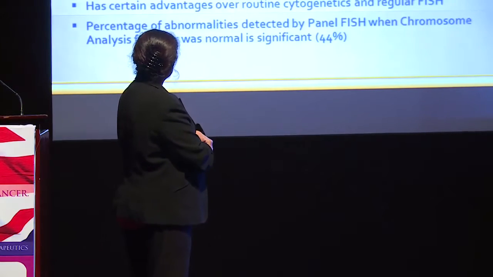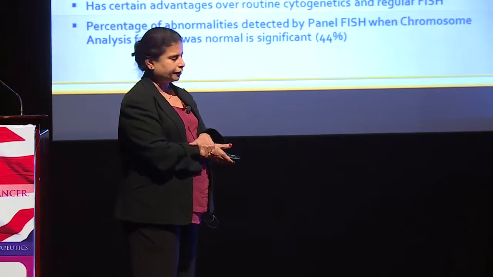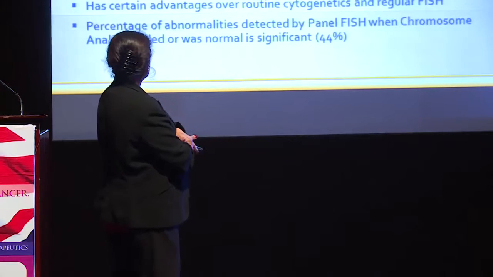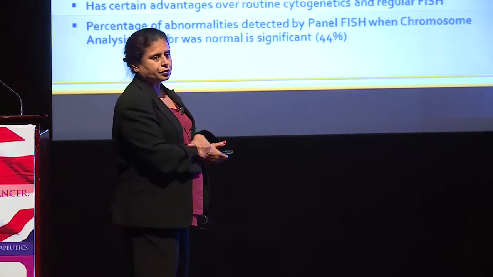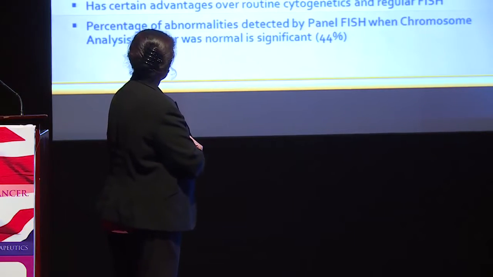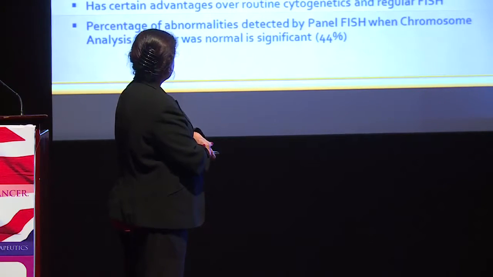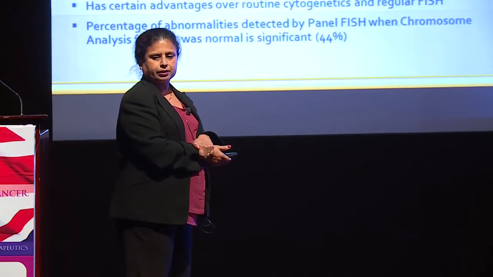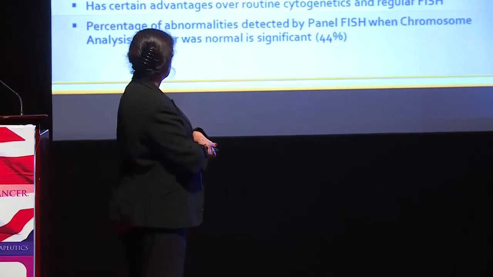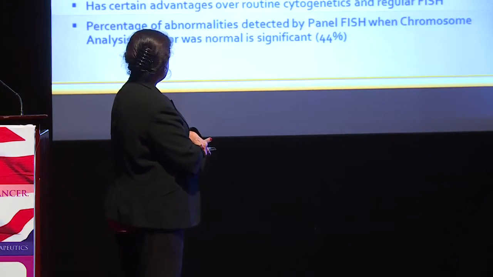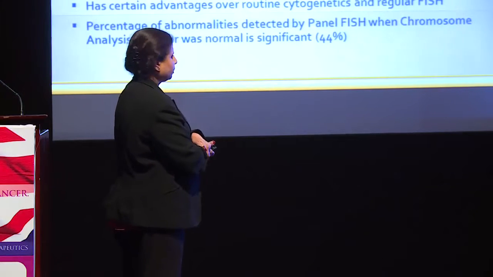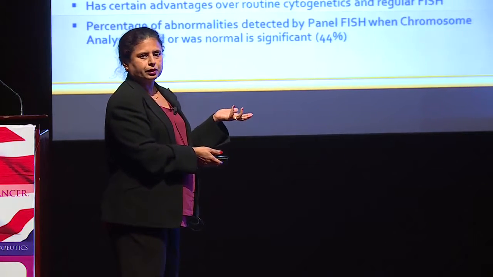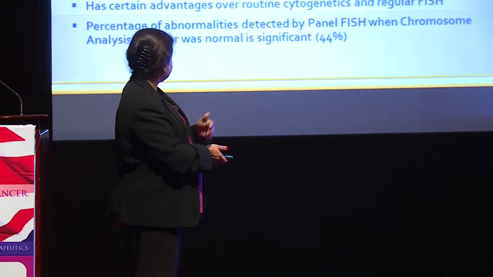In the clinical lab, we use panel FISH. It's a multi-targeted approach in which we use multiple DNA probes. And they are tailored to include probes for the most common abnormalities associated with that disorder. It provides a rapid result because you're looking at multiple probes in the same hybridization.